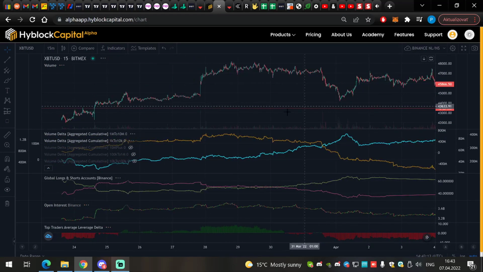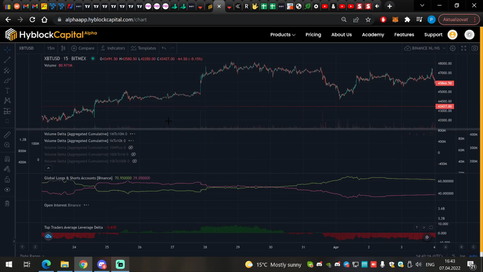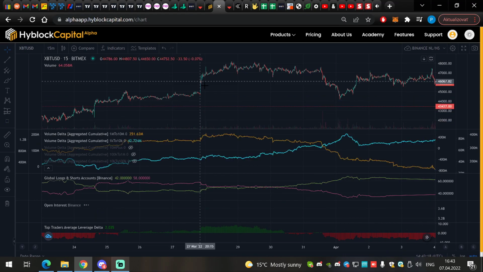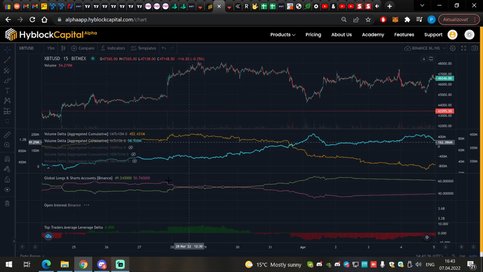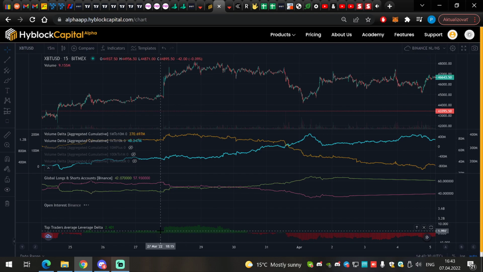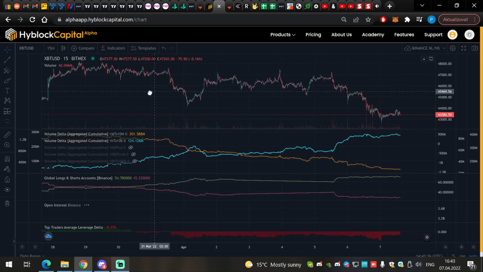You can see the same happened here. They were longing, which was pretty logical in an uptrend, but even the biggest traders started to have bigger exposure. So you watch all this. When the market is too overexposed, it starts to take profits out, like it was happening here. You see, profits out.